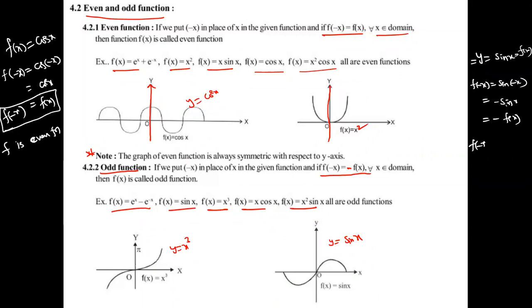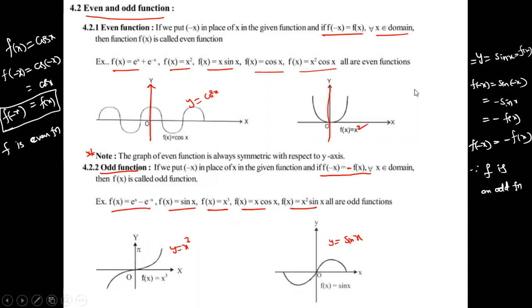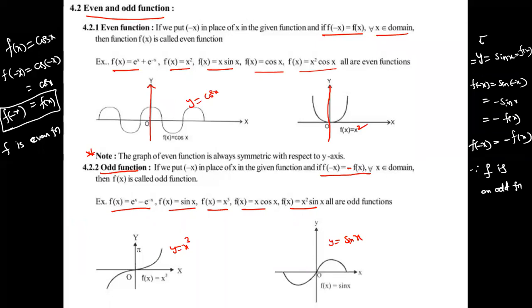So what you are observing? f of minus x is equal to minus f of x. That is the meaning. Therefore, f is an odd function. This is the proof I'm giving, the example for an odd function. For any function, to verify whether it is even or odd, simply replace x by minus x. That's all.